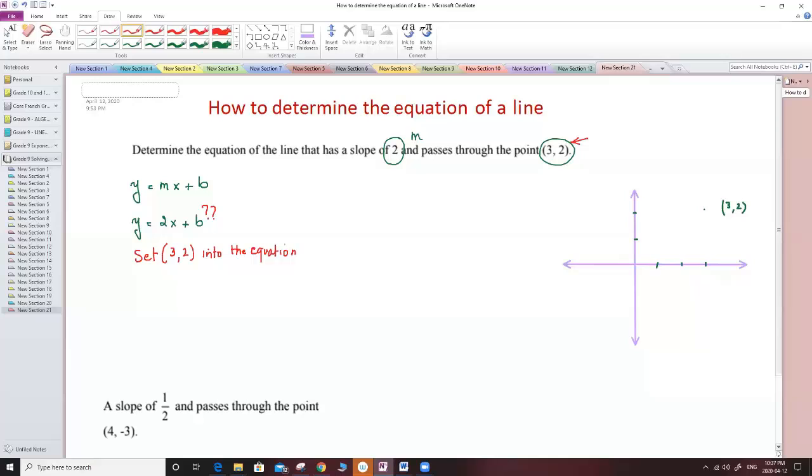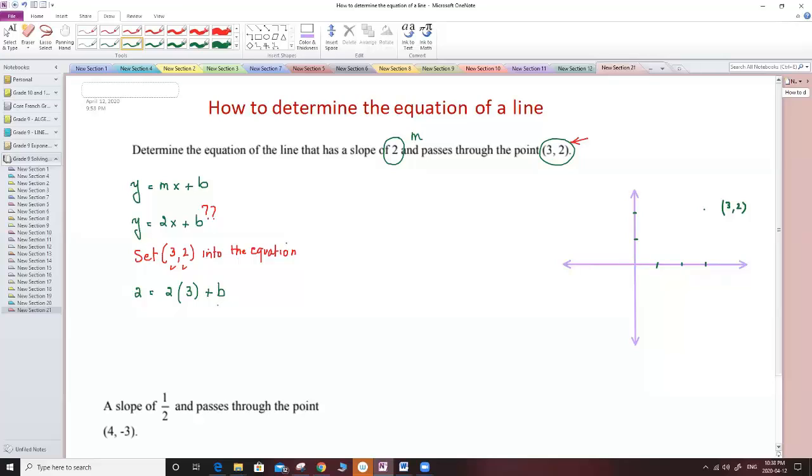From here, I will have y, I will have x, and I have m. That means the only unknown is going to be b. So instead of y, I'm going to use 2 = 2 times 3 plus b, where the slope is 2 and x is 3 from this point. And as you see, the only unknown is b.